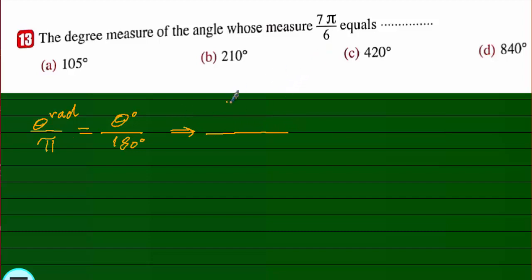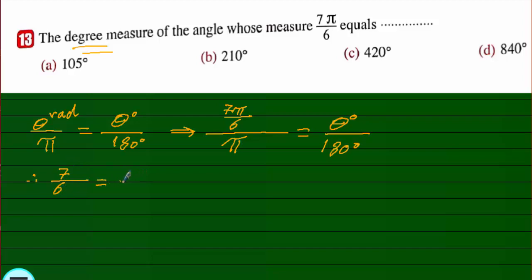Theta equals 7 pi over 6, divided by pi, equals theta in degrees over 180. The required is to find the degree measure. We can divide here 7 pi over 6 divided by pi equals 7 over 6.